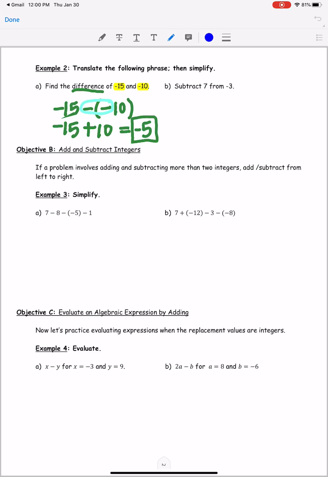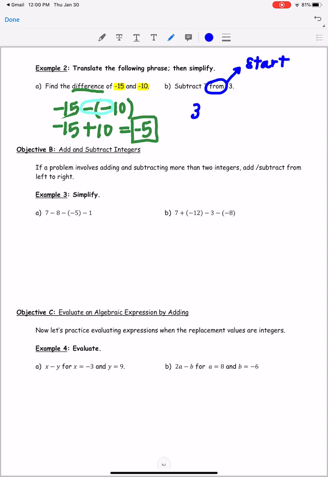B, we need to subtract 7 from 3. So remember, when you see this word from, this is where you have to start your work at. So because I'm going from 3, we'll start with that 3.